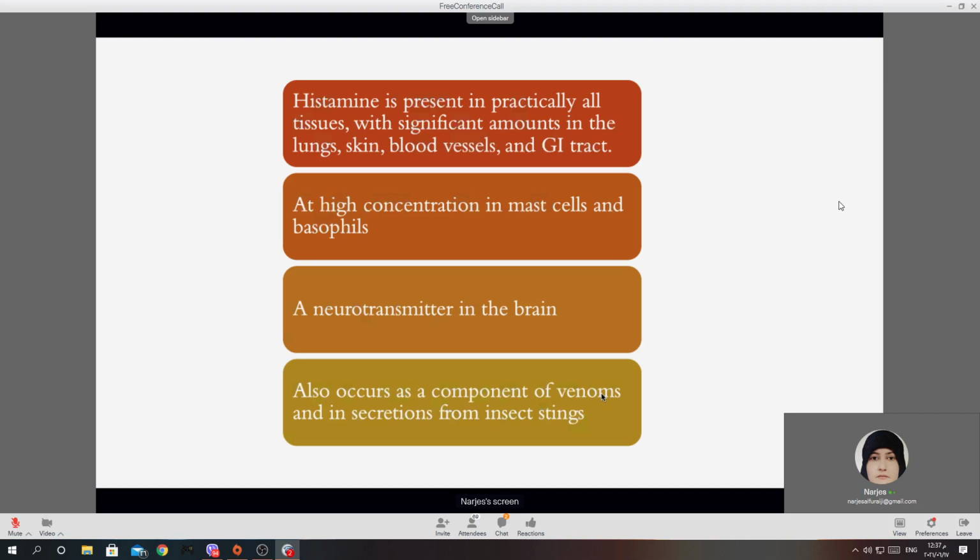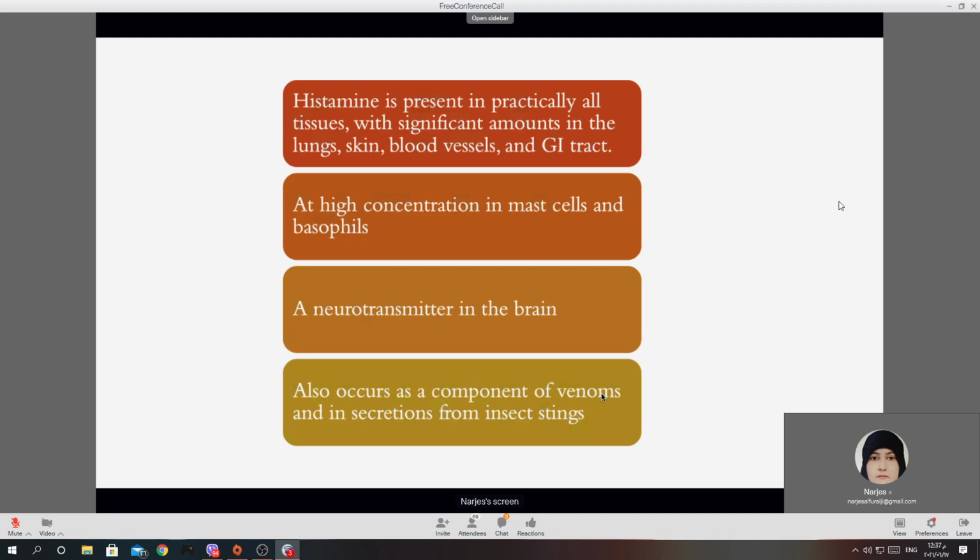According to the previous slide, we will assume that histamine is present in all tissues. However, its amount might differ significantly from lung to GIT to blood vessels and so on.